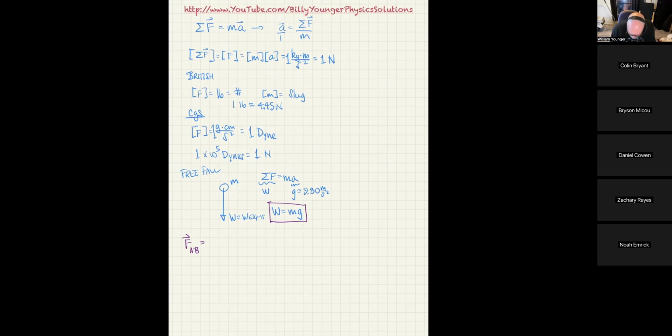That is equal to the negative of the force on object B as a result of object A. This is Newton's third law. This was Newton's second law. And Newton's first law, of course, was the sentence that I read to you, but we now know what these are. Another version of Newton's third law is for every action, there's an equal but opposite reaction.